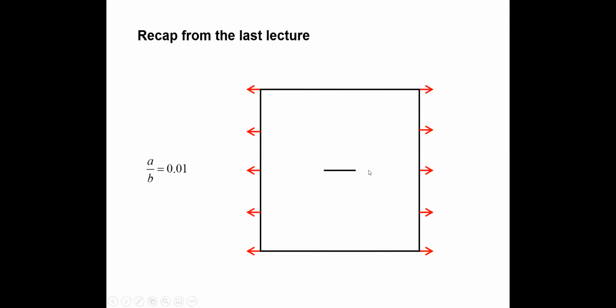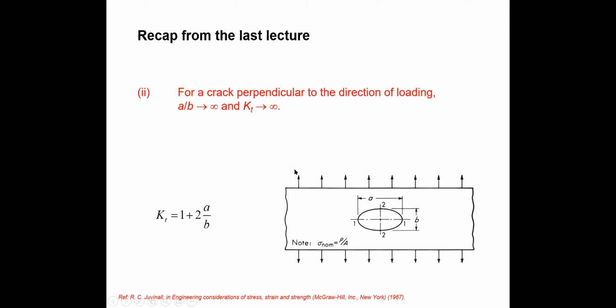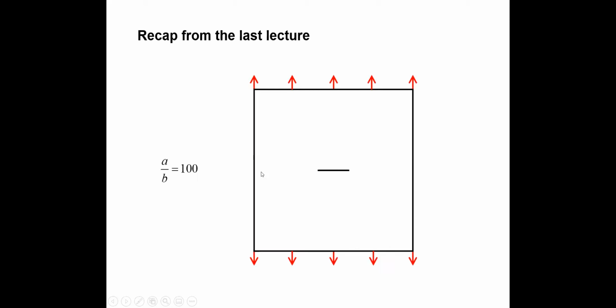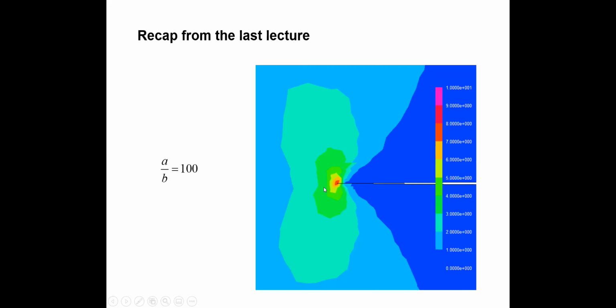If it is parallel to the loading direction, stress does not arise much. And if the a/b ratio is infinite, that means the a value is larger. You can see this is the flow direction, so the stress will be very high, and the Kt value will also be high. We already discussed these things.